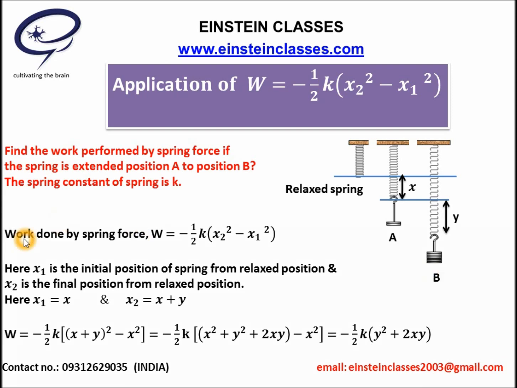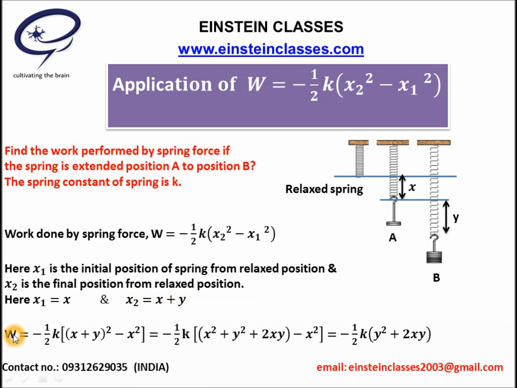First of all, we have to write down the concept of work done by the spring force. Work done by the spring force is given by minus half k into x2 square minus x1 square. As we have discussed, x1 is the initial position of the spring, hence x1 will be equal to x. x2 is the final position of the spring from the relaxed position, hence x2 will be equal to x plus y.